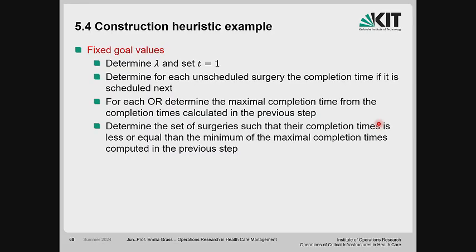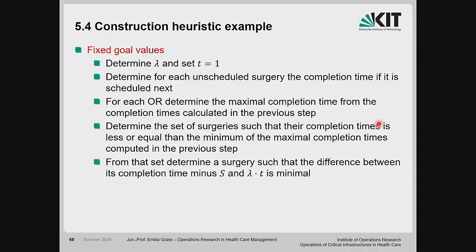Then identify the set of surgeries with minimum completion time. So you create, in some sense, a subset of surgeries, okay, where the completion times are less than or equal to the minimum of the maximum completion time. Okay, so this step basically filters out the surgeries that can be completed within the desired time frame.